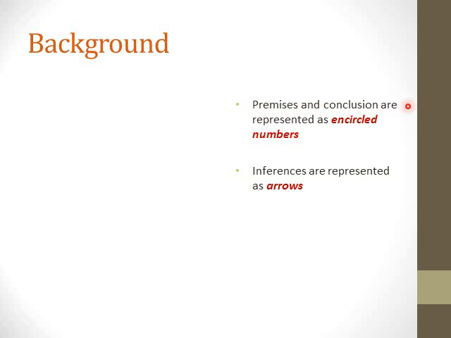In the premises and the conclusion, what we're doing is we're representing them as encircled numbers. And this will require labeling each claim in the argument with numbers so that we can use the numbers in our diagram. The inferences, or the moves from a claim to another claim, are represented by arrows.